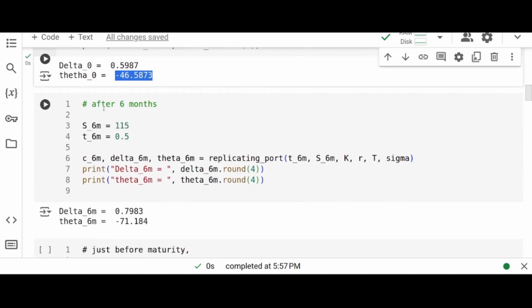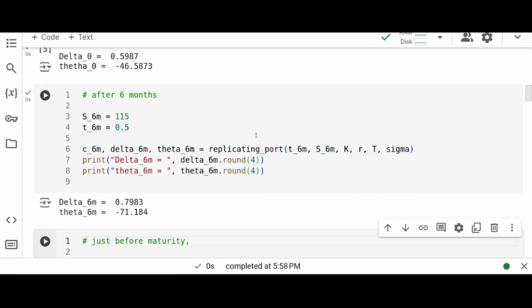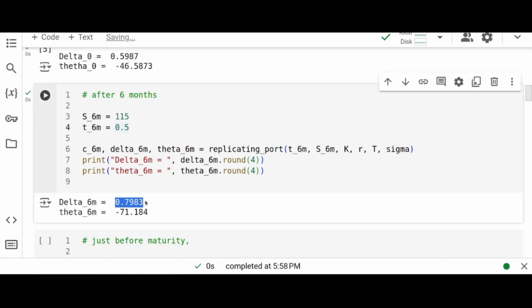In the same way, after 6 months, that means time is equal to 0.5, the price becomes 115. Then we insert here all the necessary parameters. Once we execute, you see the position of the institution in the long position for the share should be 0.798.